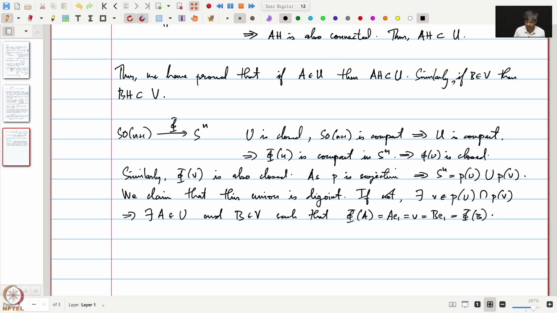But now if this happens, this will imply that B inverse A belongs to H, which implies that A belongs to BH, and since B belongs to V, BH is contained in V, right? So which is a contradiction, because we assumed that A is in U and U and V are disjoint.